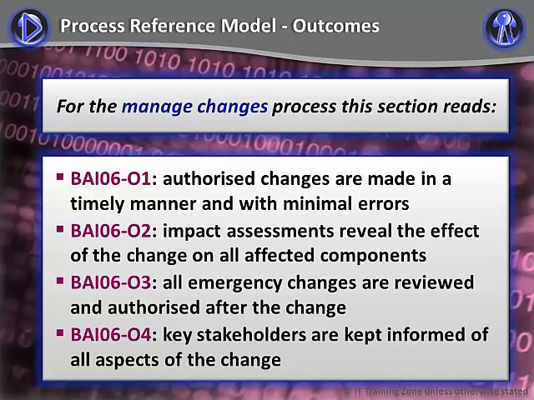BAI 06-03. All emergency changes are reviewed and authorized after the change. BAI 06-04. Key stakeholders are kept informed of all aspects of the change. These are the process goals documented in the Process Reference Guide. The only difference is that each one has been given an identifier.